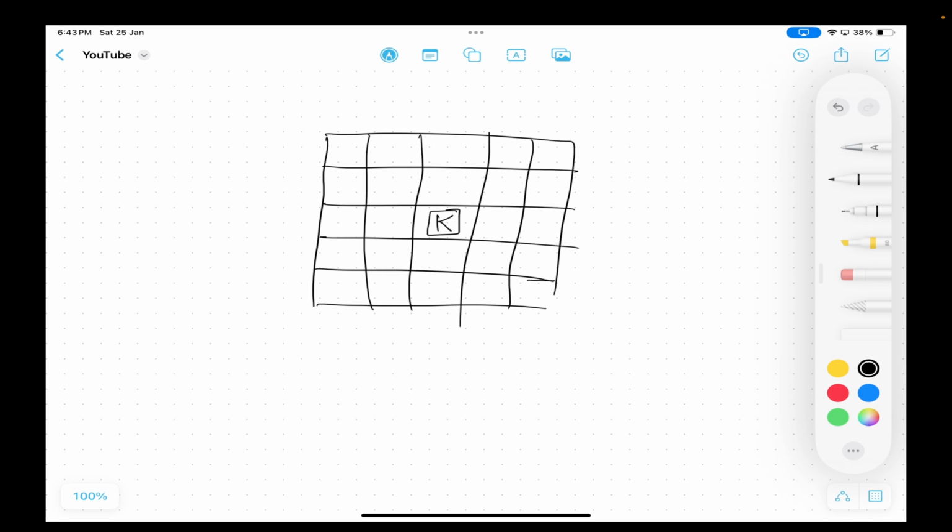The knight has the capacity to move from this cell to any of the cells that are highlighted here in one move.